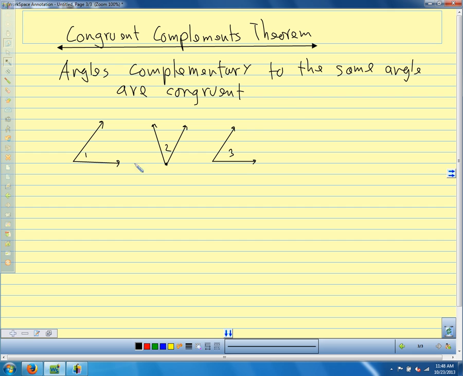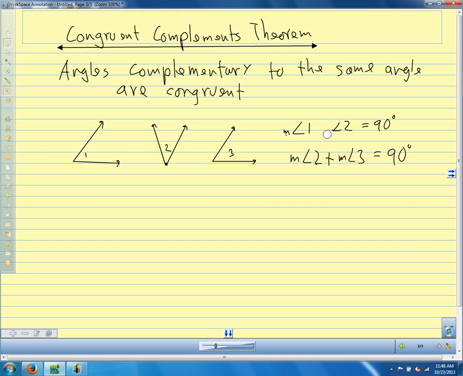So this says the measure of angle 1 plus the measure of angle 2 equals 90 degrees, and the measure of angle 2 plus the measure of angle 3 equals 90 degrees. Complement means they add to 90 degrees.